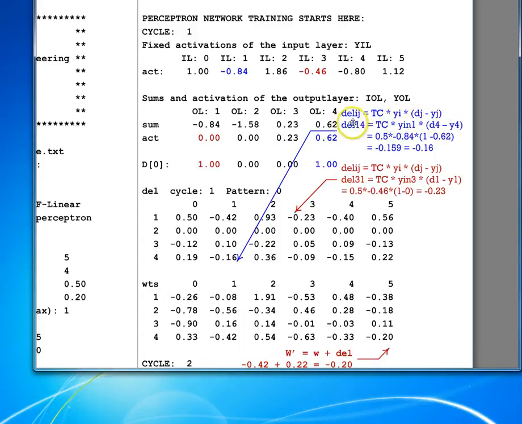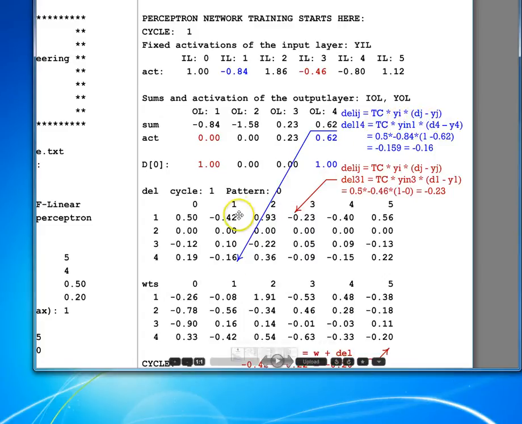In this case, the weight change delta of ij, where i is the source and j is the destination. So how much is the weight w of 1 to 4? In general, delta w of ij is given by the training coefficient times yi times (dj minus yj).